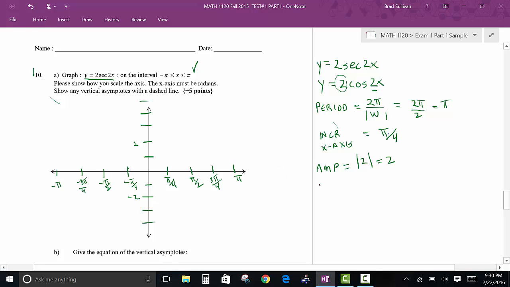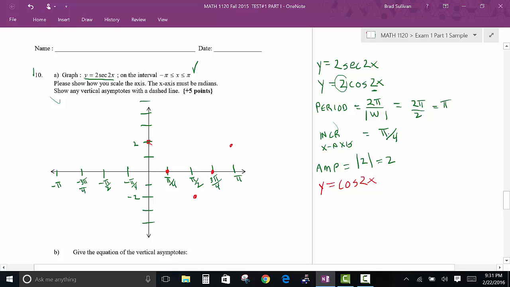If we were just doing the graph of y equals cosine of 2x, well, that graph starts at the point 0, 1. But since we have an amplitude change, that point's going to move up there. Okay, the second point on a cosine is at that x-intercept. That is not changing. Then you're going to go down to your minimum, which is negative 2, back up to the x-intercept, and back to the maximum.